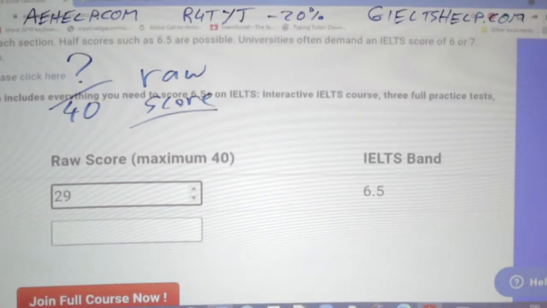Ramnik says 28. 28 is a 6.5, Ramnik. Okay, Paulo, 27. Obviously a 6.5 as well. So those are all the 6.5 range. Hoang Nguyen says 33. So 33 is a 7.5. Jyoti says 34, 7.5. Okay. All right, so check that out.